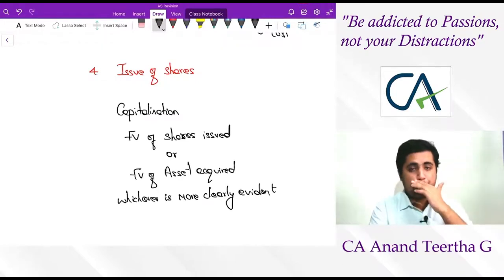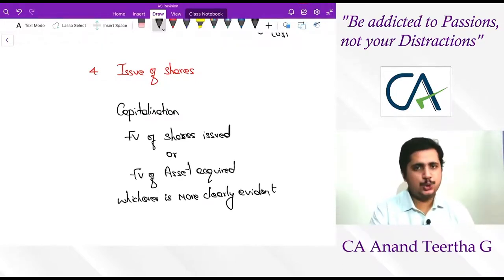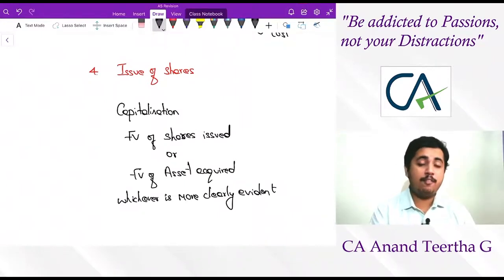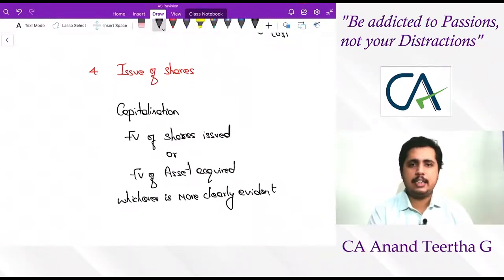So first, try to go with fair value of shares issued. See whether you can get it. If you could get that, consider that only, because cost, correct? So cost basically means from my pocket how much it's going. So if you get that fair value, then it's great. If it is not possible, then fair value of intangible asset, whichever is more evident. So according to the requirement, you have to see which one is more evident for you, and accordingly consider the cost of the intangible asset.